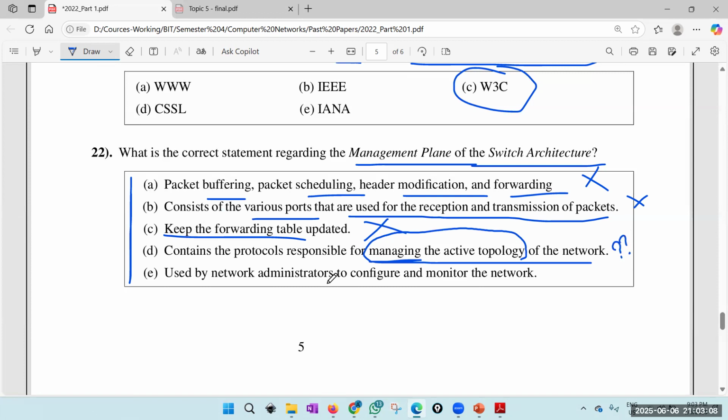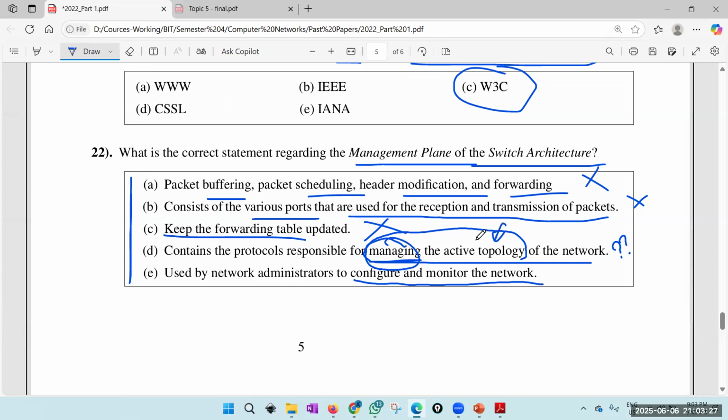Used by network administrators to configure and monitor the network: monitor is a management task. So it's a little bit fuzzy now. The other also has the word managing, but it's more technical, active topology.